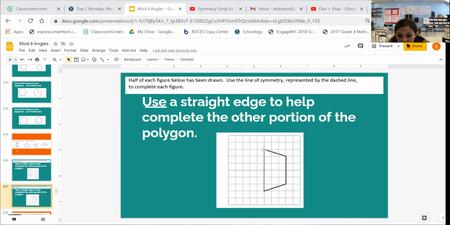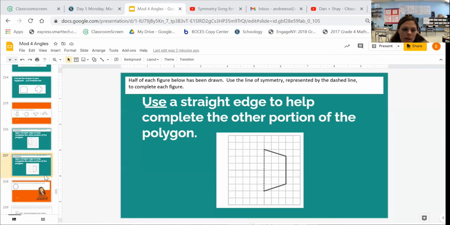So if you did this correctly, you counted over and you had 3, and then by 4, by 3. Again, you need to have a straight edge to make sure it was nice and straight, okay? And we could agree if we folded it on the line of symmetry, they would match exactly, right? They have lines of symmetry.